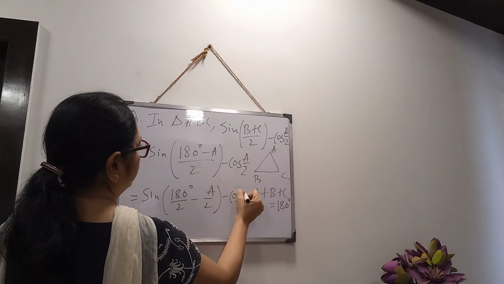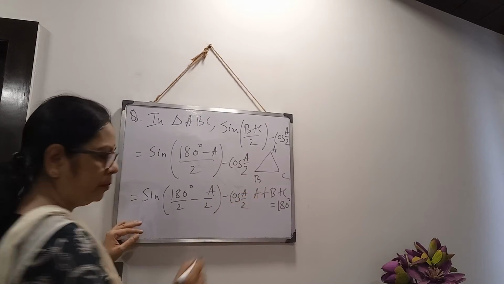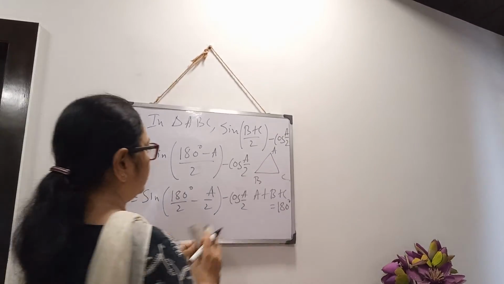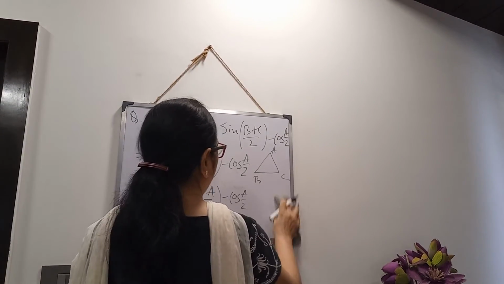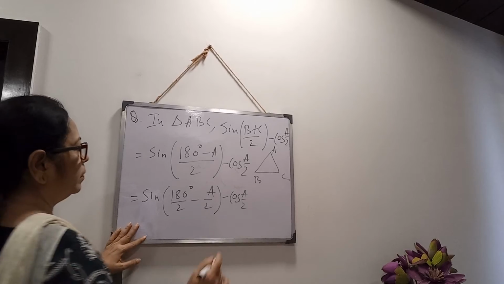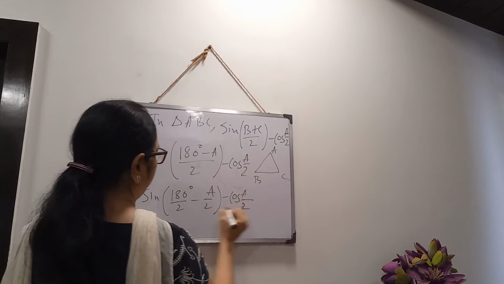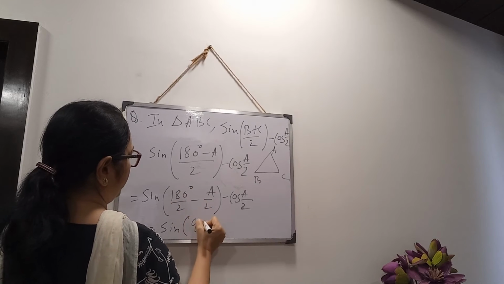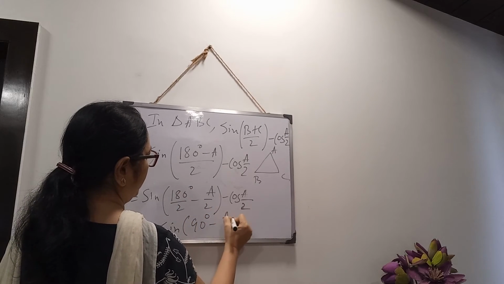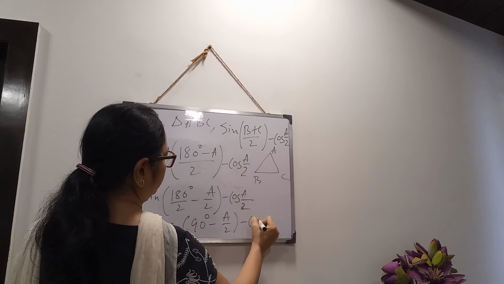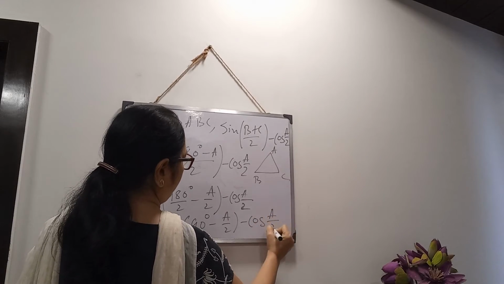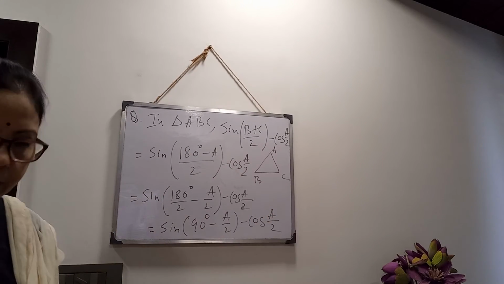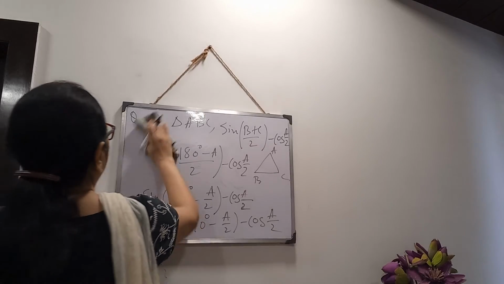This is an interesting sum. Then sine, this is coming as sin (90 minus A by 2). So sin (90 minus theta) means cos theta.